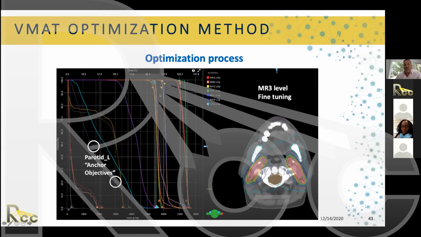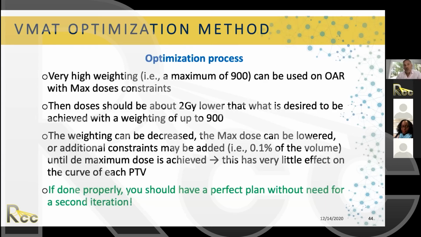Make sure, if you put a very high weighting, let's say for example for the cord here, that you don't want to exceed the maximum cord dose, or you even want to use the ALARA concept, as low as possible. So then you put high weights. If it doesn't affect the PTV, that's great. At least in Eclipse, you don't want to go more than 900. Normally that's a little excessive, but 400, 500 is okay.